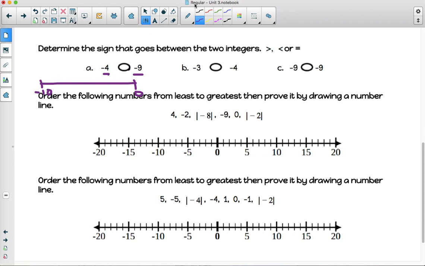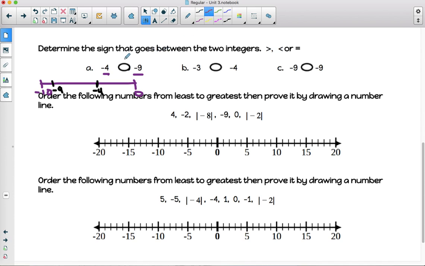I'm just going to guesstimate on these ones. -4 is going to be about right here, and then -9 is going to be all the way over here by the -10. When I'm comparing these two, the more I move to the left, the smaller my numbers get. So -9 is actually smaller than -4.